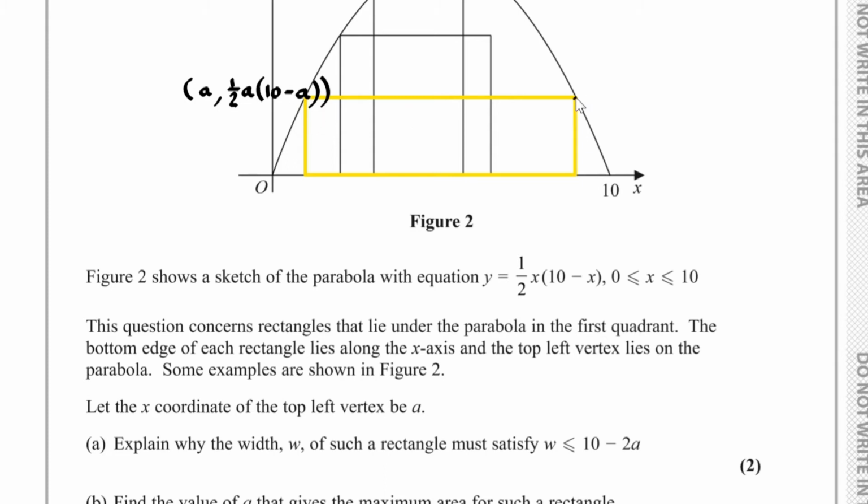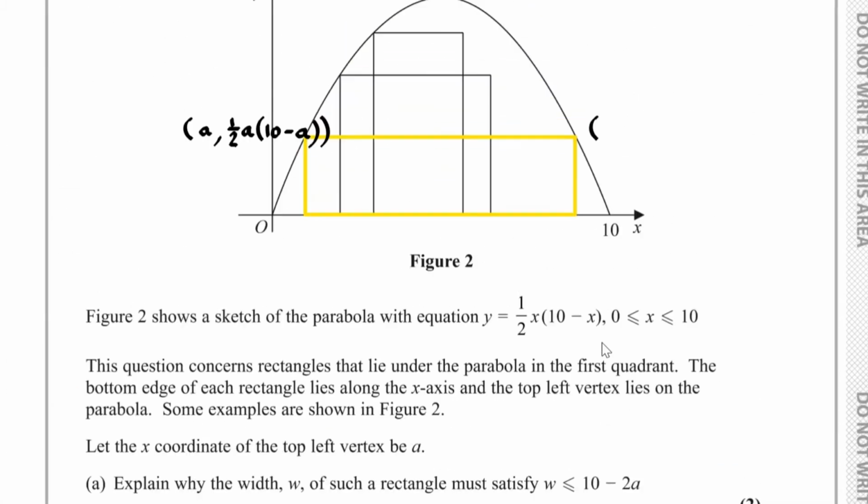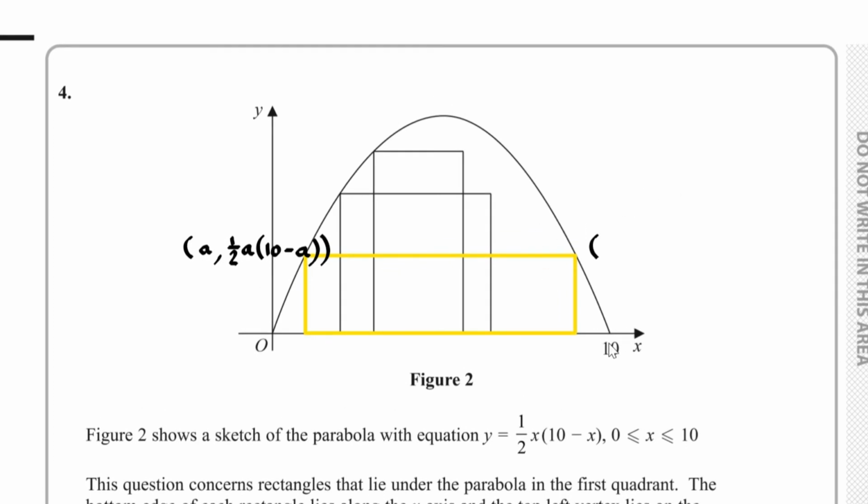Now, if I think about what the coordinate of this point will be, well, the x-coordinate of the top right vertex, through symmetry, will be 10 subtract a. So if we're going a this way, we must go a this way.